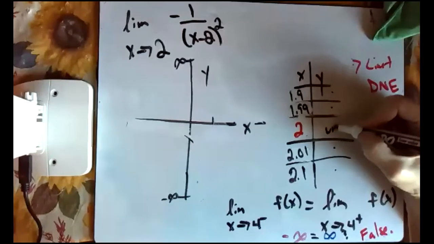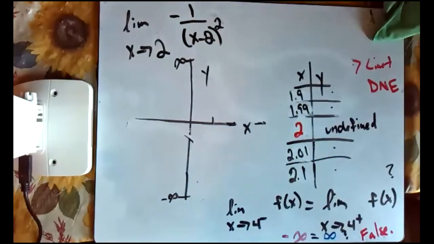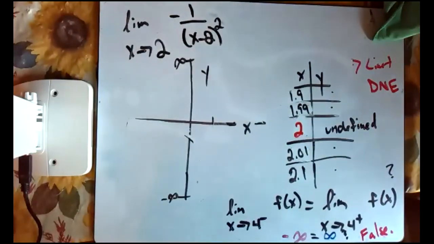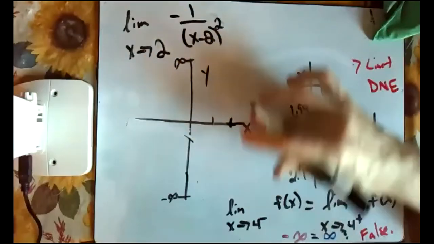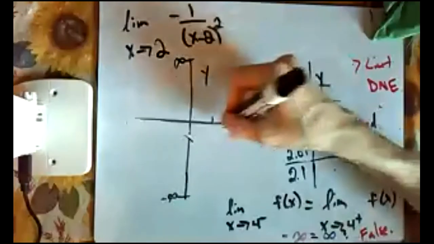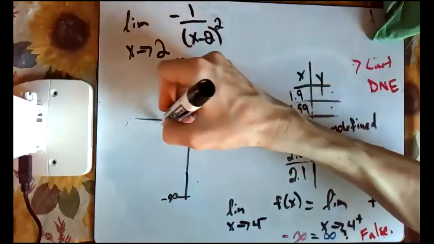This one's undefined right here. You get an error in your calculator if you plug that in. But graphically, what is this one looking like? Well, it has this kind of shape right here.